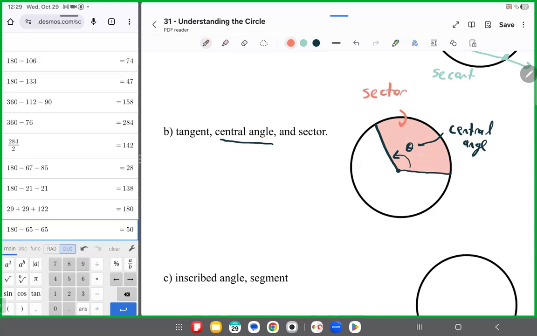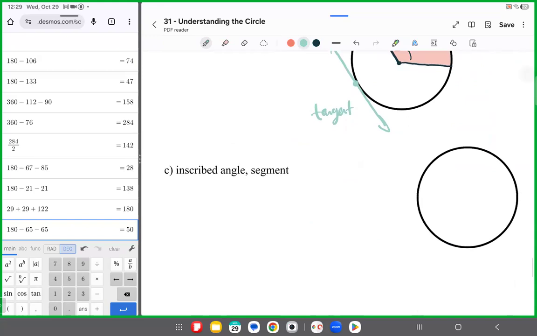And again, the sector could have been larger or smaller. I just made it this size so it's easier to read. And we'll go ahead and label the sector in red. And then the tangent touches the circle at 1 point. So we'll label this the tangent as so.